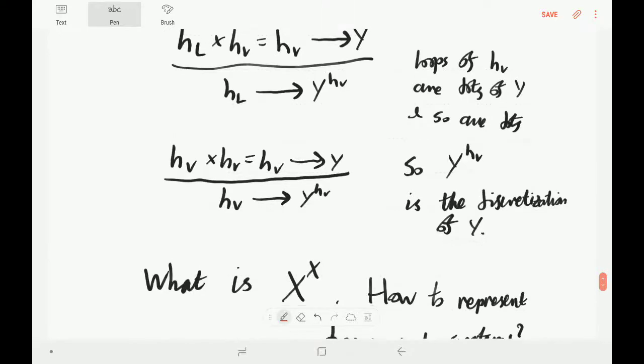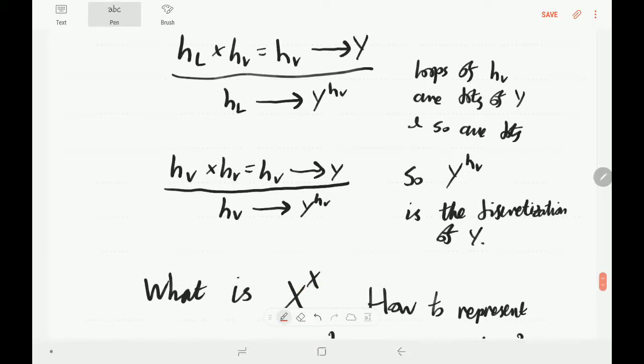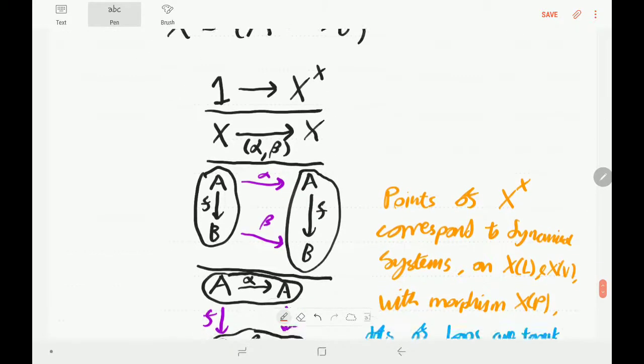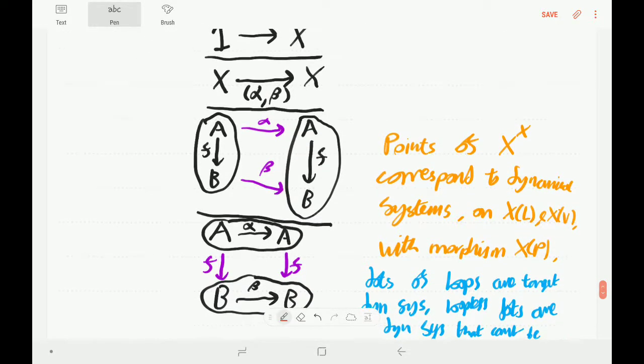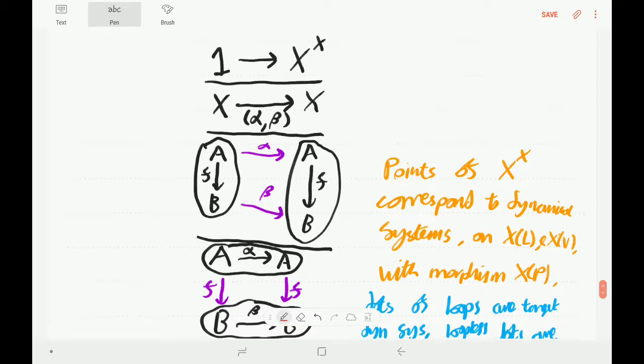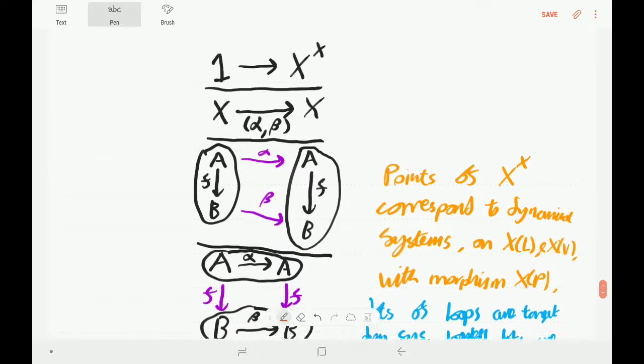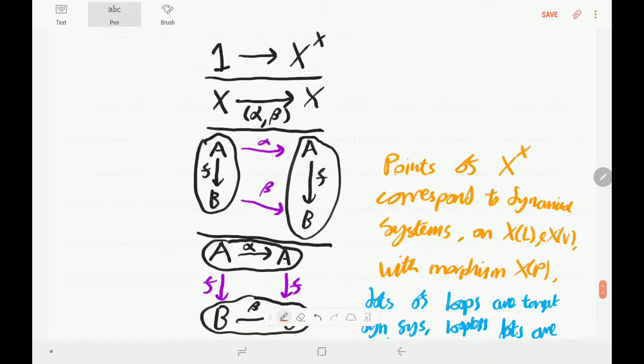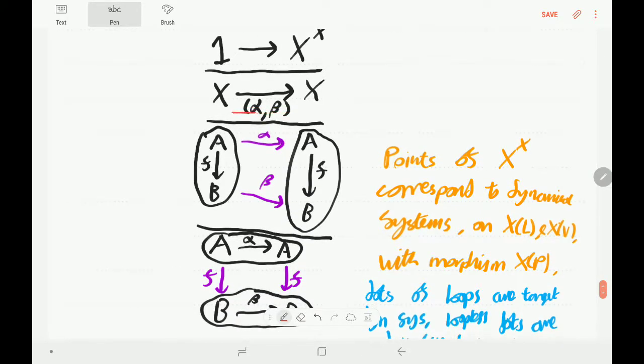Another very interesting case is when you do x to the power of x. I have to think about the dots here. But certainly loops of this correspond to endomorphisms of X. So we can label them by alpha, comma, beta, and they're actually just morphisms of dynamical systems.